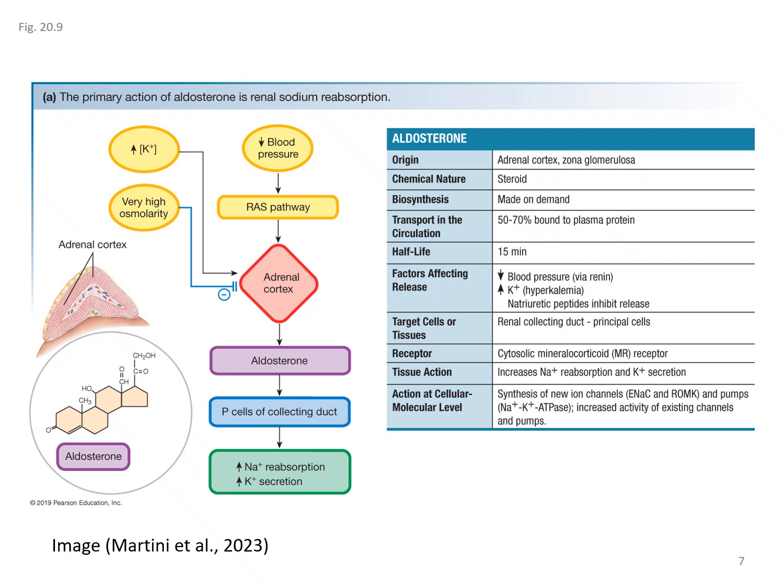So this is a picture showing the adrenal cortex, in response to decreased blood pressure. The renin-angiotensin-aldosterone system causes the adrenal cortex to secrete aldosterone.